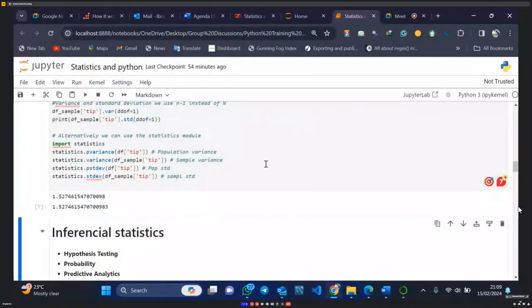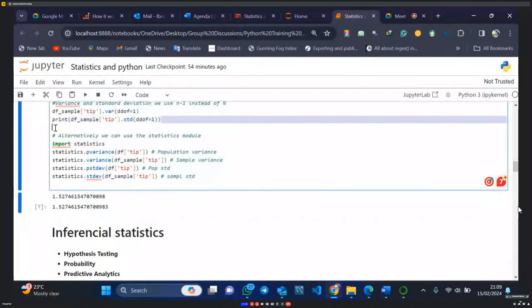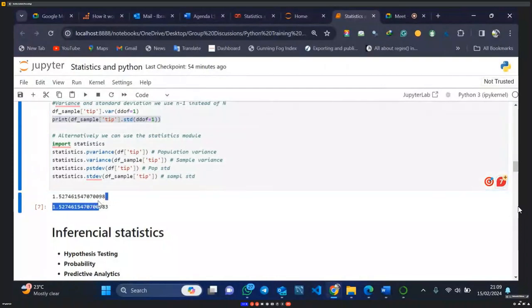So for us, what does that mean? As we can see, the first one that it has printed here is the sample standard deviation, which is this one. And then what else has it printed? The last one here, I think it has printed this one, which is the standard deviation of the sample using the statistics module, something of the sort.